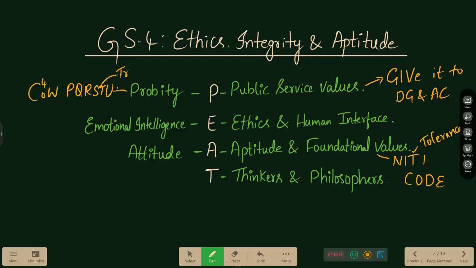Remember this one. Don't get confused. Fine. Now thinkers and philosophers, their contribution from India and the world, you need to remember. So this is how you can remember the syllabus of ethics in an easy way. These keywords are very important. You need to give priority to these keywords. Along with that, you need to remember other keywords as well.